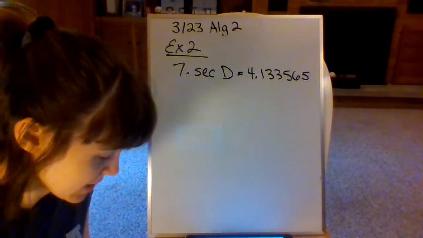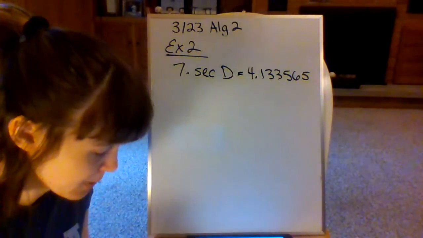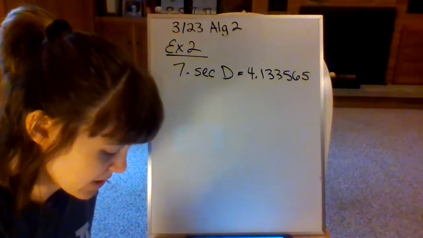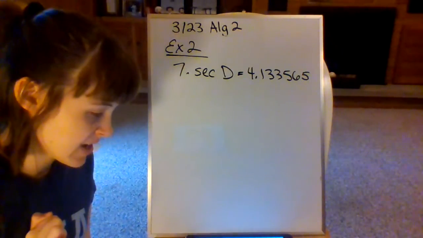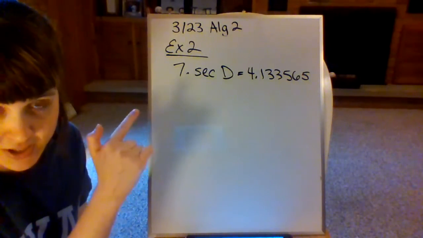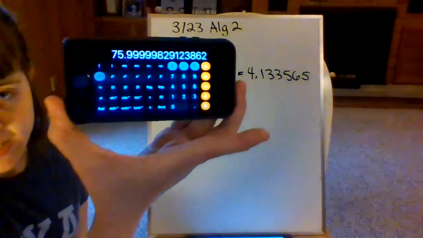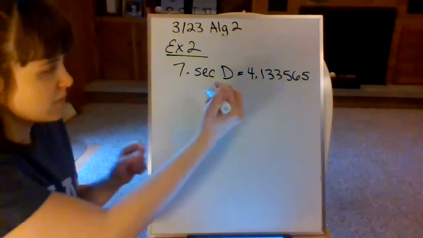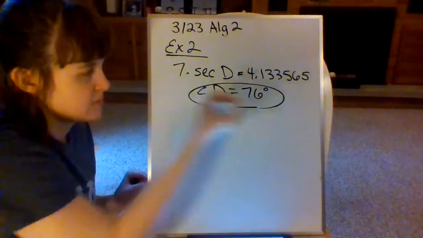So, sometimes calculators don't cooperate. 4.133565, and then we're going to press the 1 over x button, and then we're going to press cosine inverse because secant is the reciprocal of cosine. So cosine inverse, and if we round this to the nearest degree, it's going to be 76. So angle D equals 76 degrees.